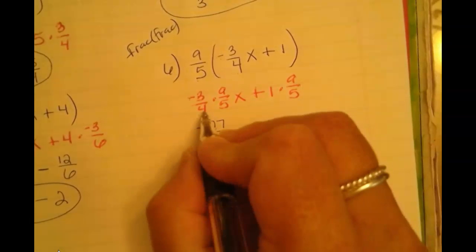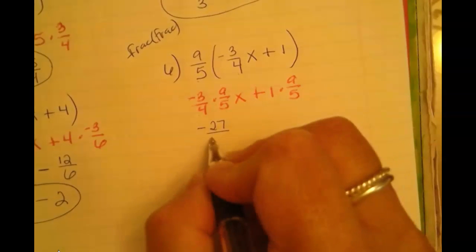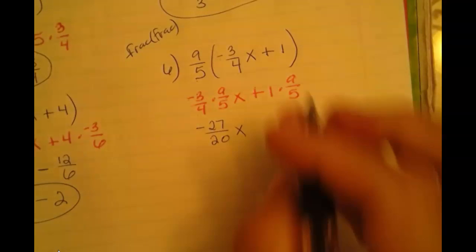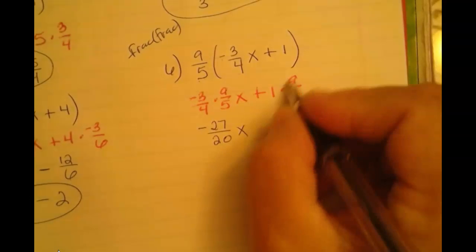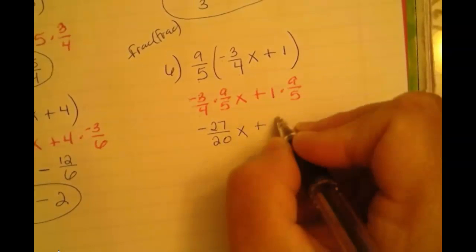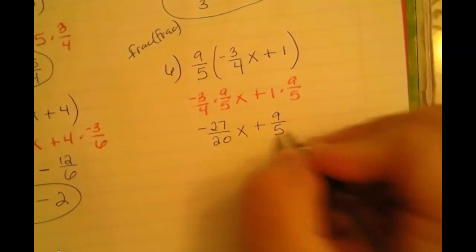On the top, the denominator is 4 times 5, which is 20, and then we have the x connected to it. Then we have the whole number times a fraction, so the whole number times the numerator is the numerator, so that's 1 times 9 is 9. Denominator stays the same.